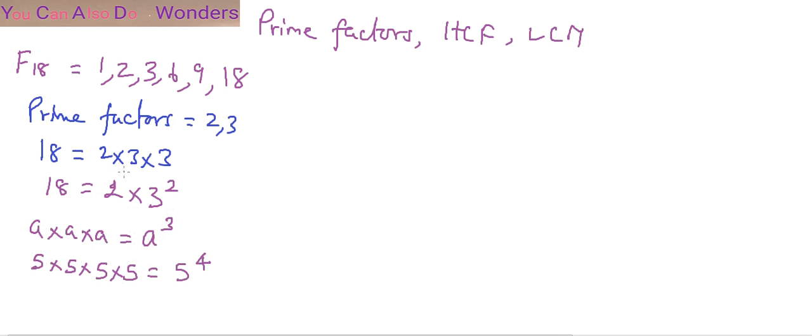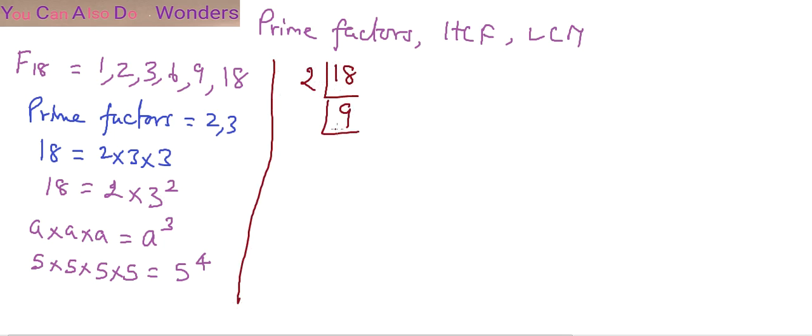Now, how to write any number as a product of prime factors? Let's take this 18 itself. Let's divide 18 by a prime number. It's divisible by 2, so let's divide by 2 and we get 9.